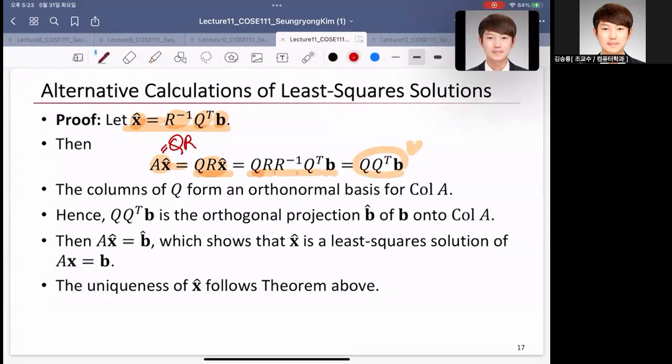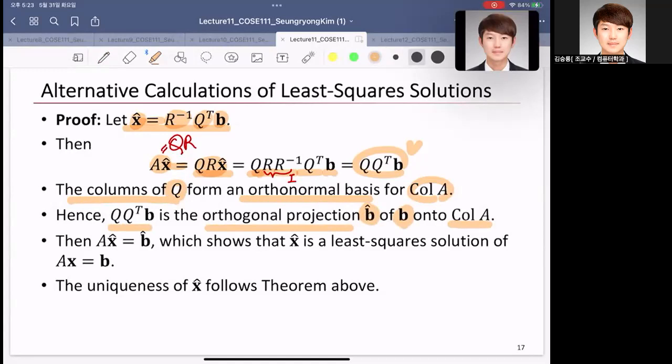Because this one is going to be the identity matrix. Then columns of matrix Q form an orthonormal basis for the column space of matrix A. Hence Q Q^T b is the orthogonal projection of b onto the column space of matrix A. 그렇죠?